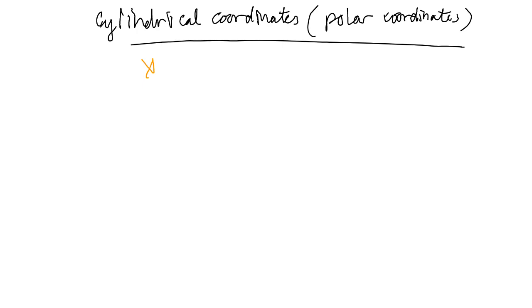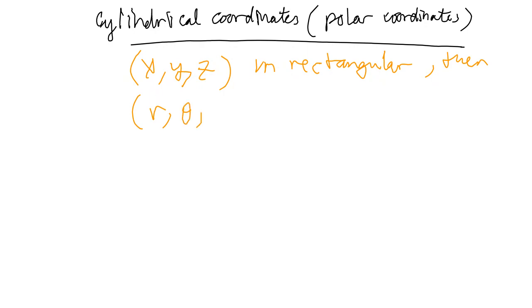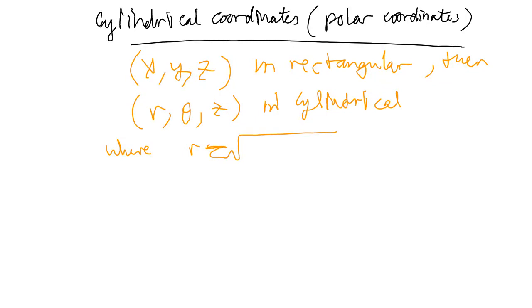So if x, y, z in rectangular, then we have r, theta, and z. This is in cylindrical. Of course, where r is radical x squared plus y squared.